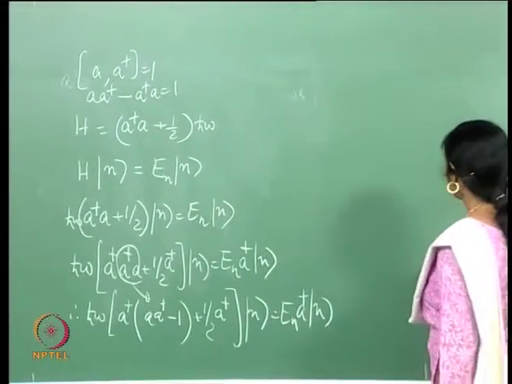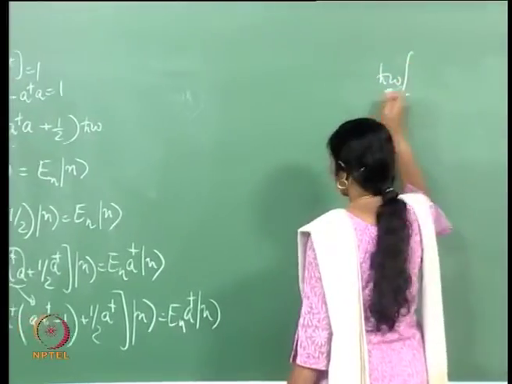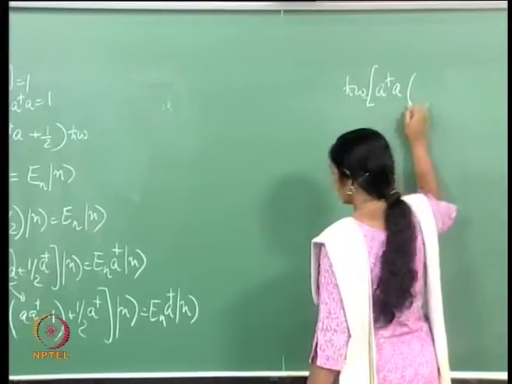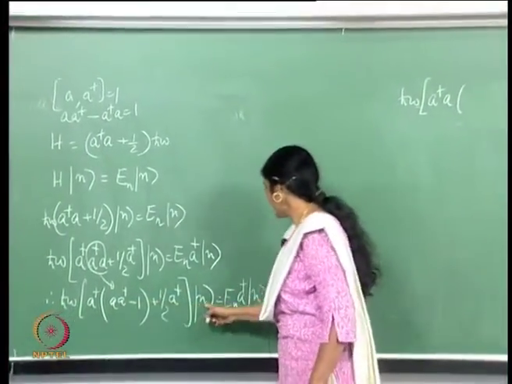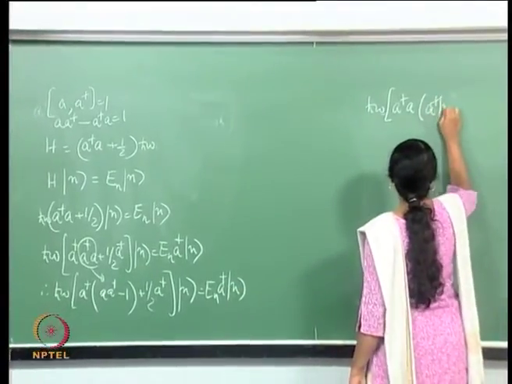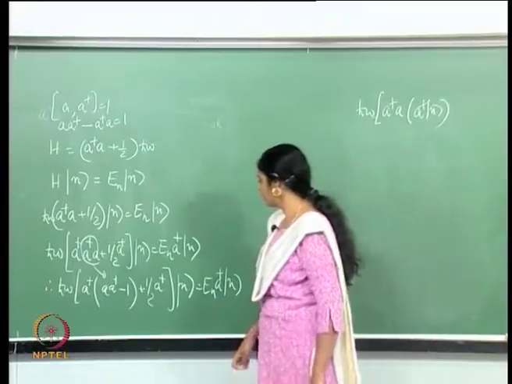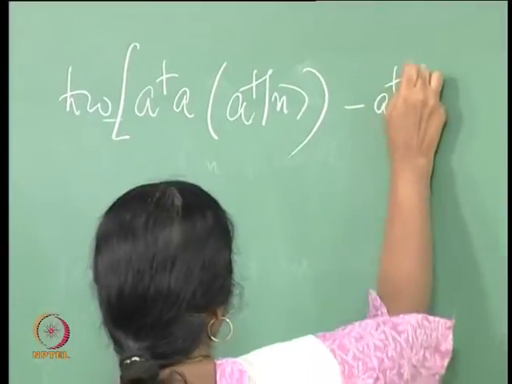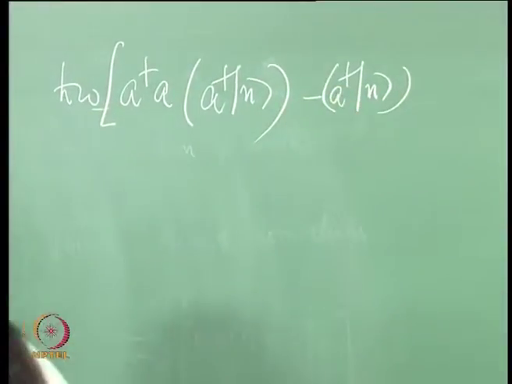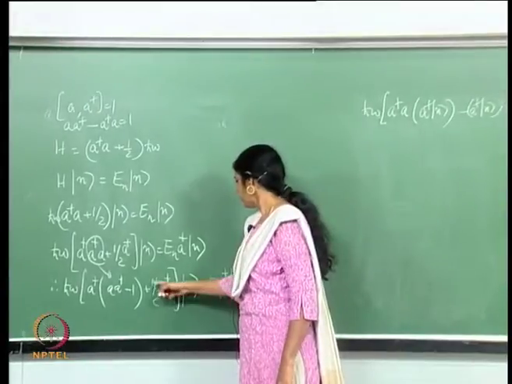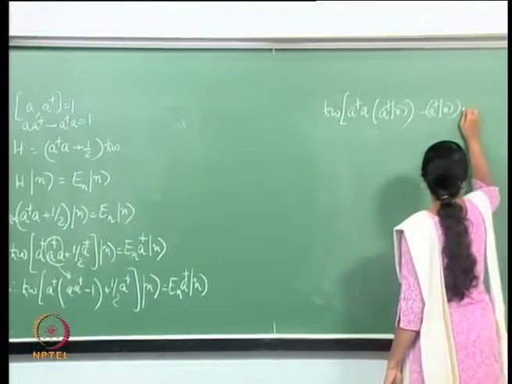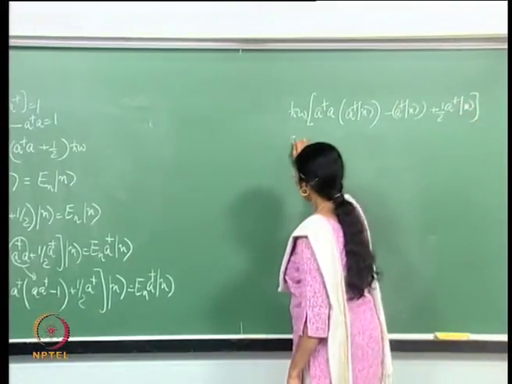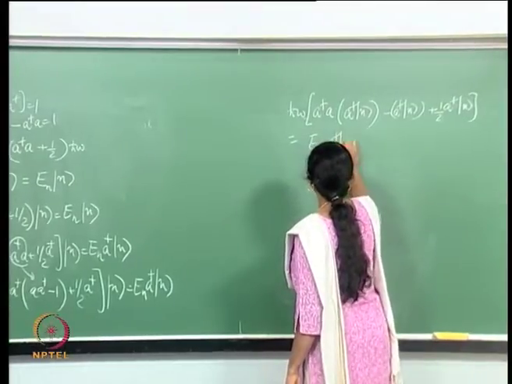I can do better. I would now say that h cross omega A dagger A from the first term, and I have A dagger ket n, that is the first term, minus A dagger ket n plus half A dagger ket n, that quantity is E n A dagger ket n.